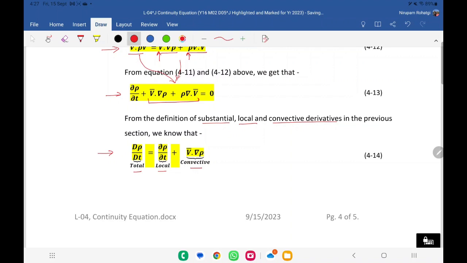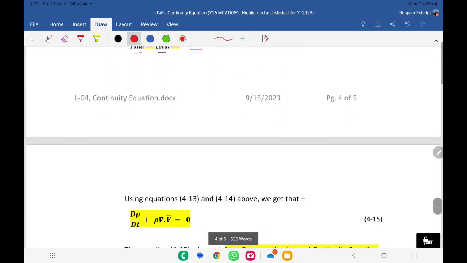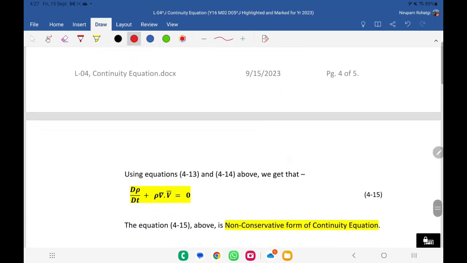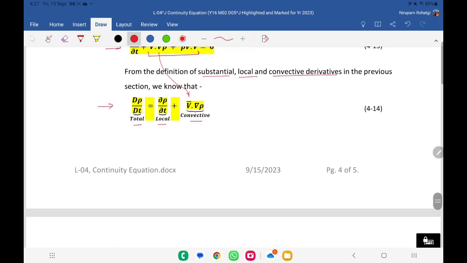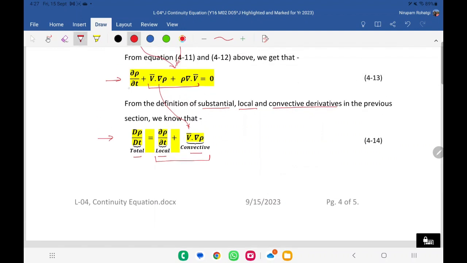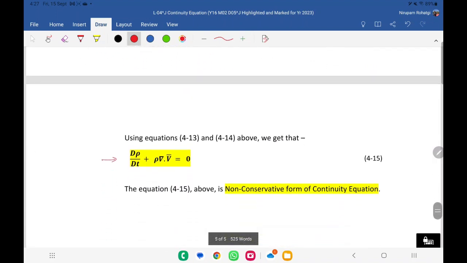And this term is the same. So what do you get? You get actually this, because these two terms right here will add up and you will get the total derivative.